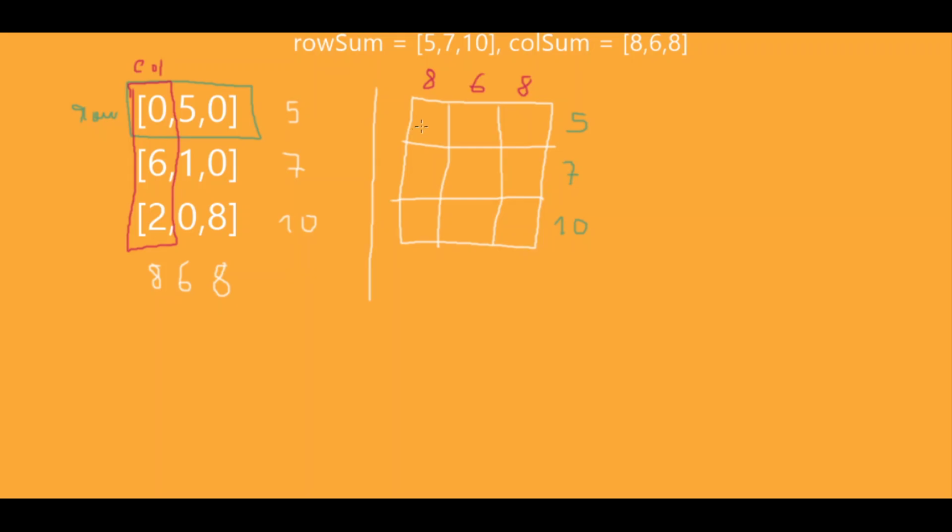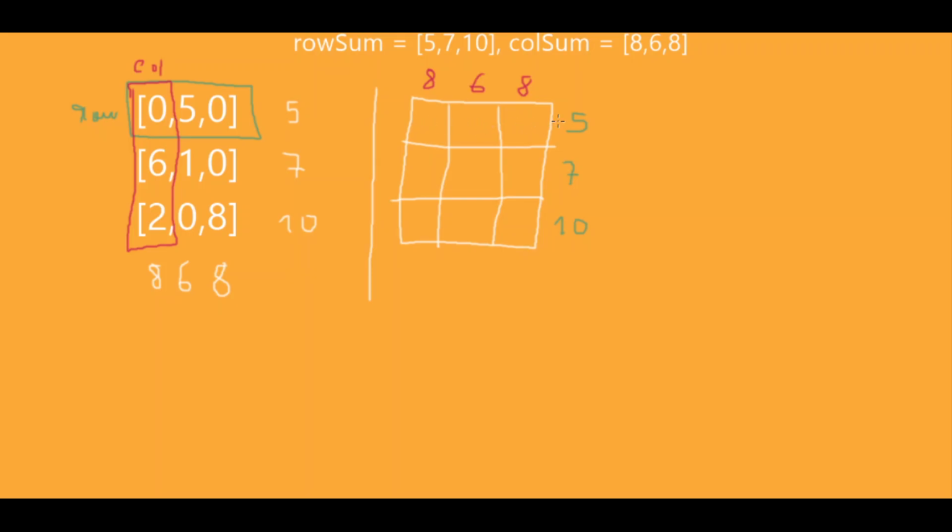When we get to this first cell, what values are possible? Is 6 possible? No, because if we put 6 here, it is bigger than the row limit. Despite the column limit being 8, we cannot go above 5, because we would break the requirement.